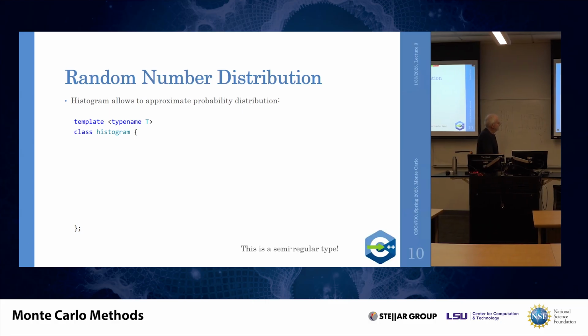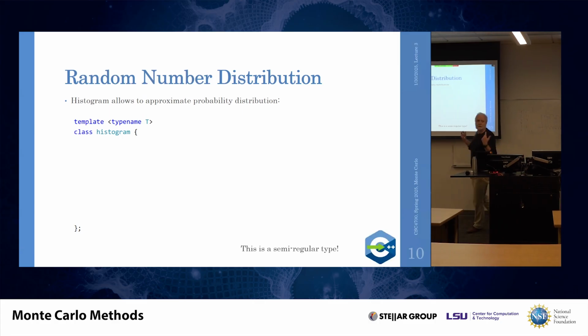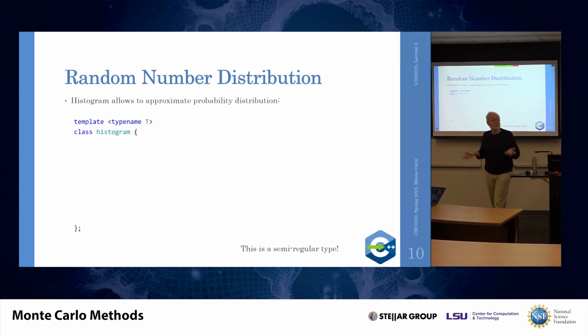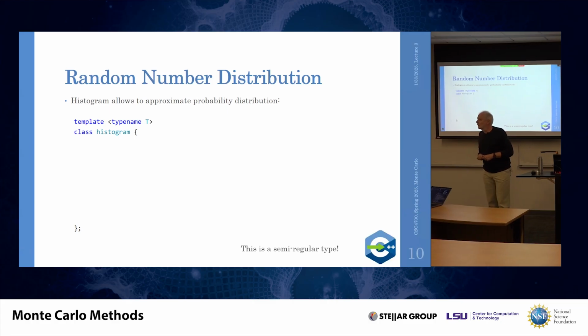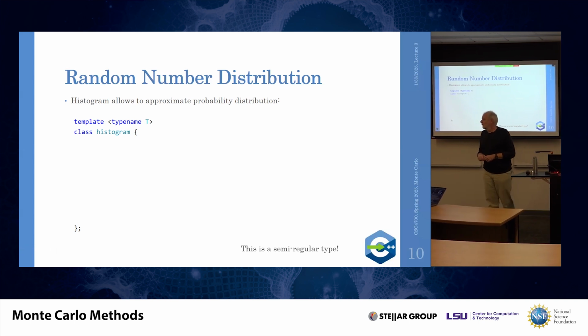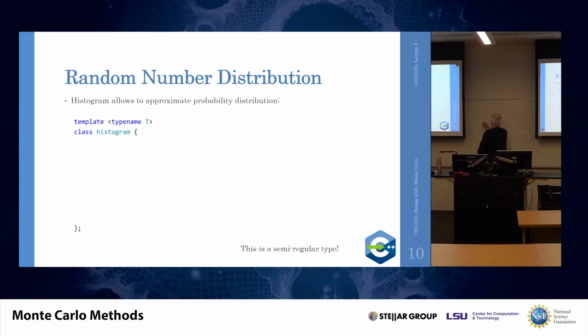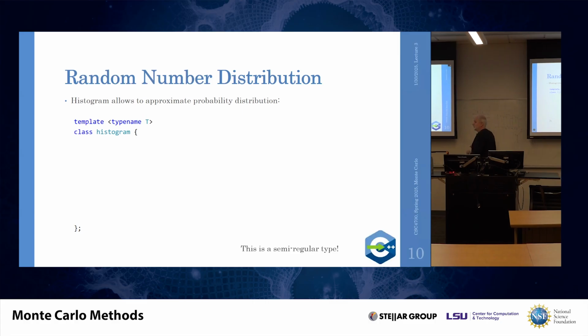Okay, what do we need? When I want to create a histogram, what do I have to store in that histogram type? If I ask you to create a type that represents a histogram, what would you add as data members? Well, you obviously need the counts for a certain amount of counters, one counter for each bucket.